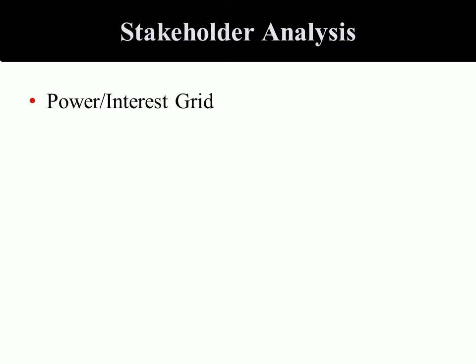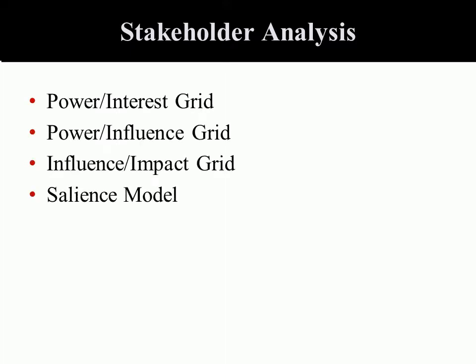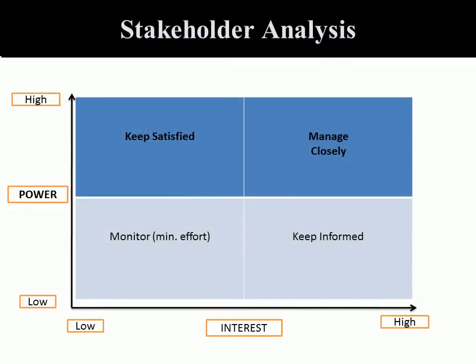The 4 techniques are power interest, power influence, impact, and salience model, and you can look at the PMBOK for details of all of these, but we want to do a little deep dive into the power interest grid. With the power interest grid, the intention is to ascertain the level of authority and the level of concern. Let's use the same example of constructing a play park.